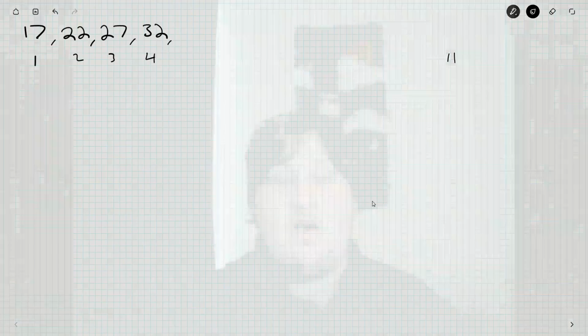So we'll open up our notepad, and the sequence we're starting with is 17, 22, 27, 32. This is the first term, second term, third term, fourth term, and we want the 11th term. Now, 11 is a relatively small number, so you could just keep going with this sequence until you get to the 11th term.